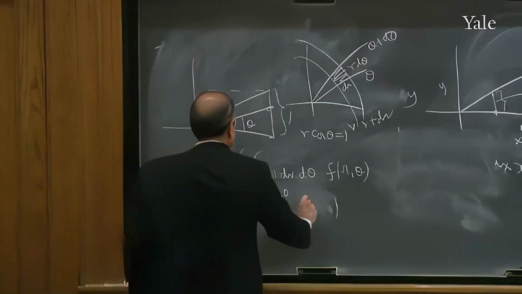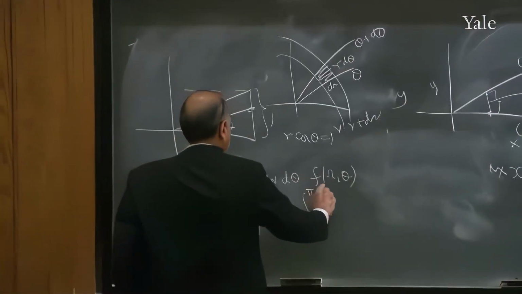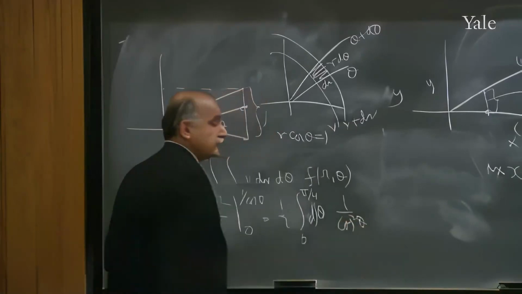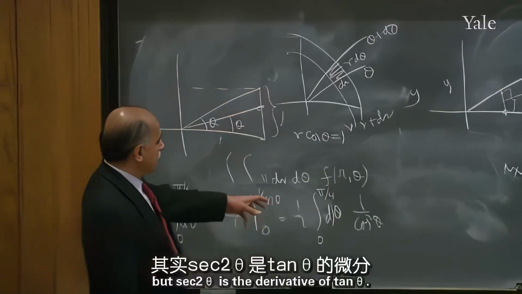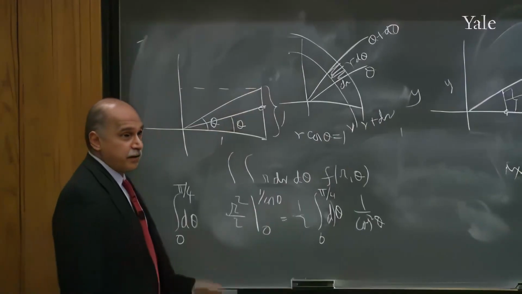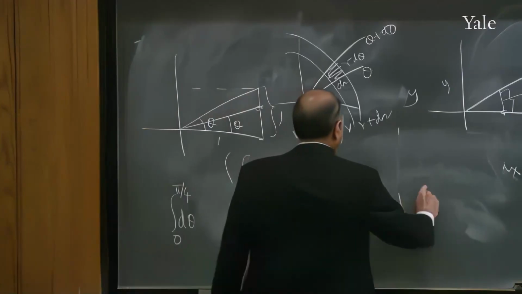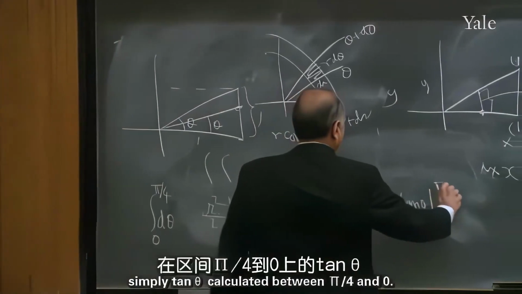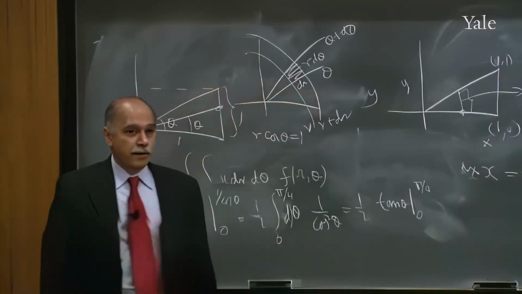So that gives me 1 over 2 integral d theta 0 to pi over 4 of 1 over cosine squared theta. Well, you may not know this, but secant squared theta is the derivative of tan theta. So the integral will turn out to be simply tan theta calculated between pi over 4 and 0. That'll be just 1.